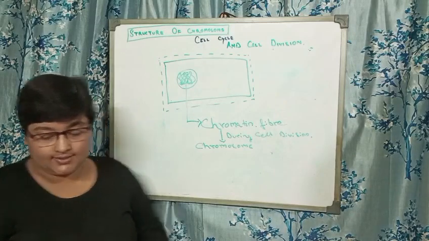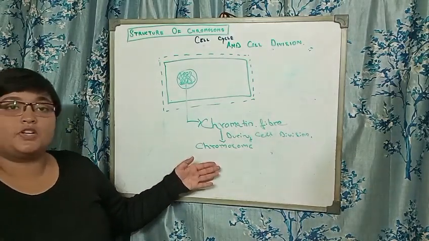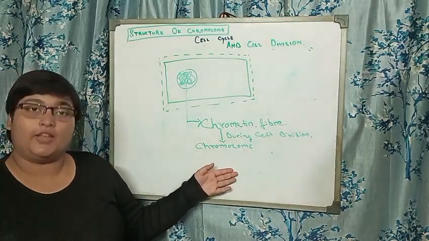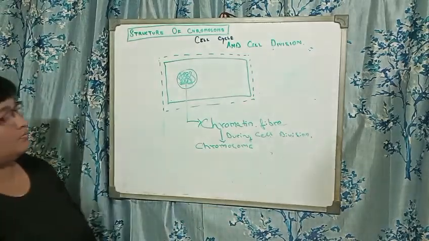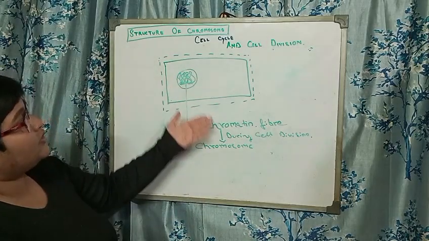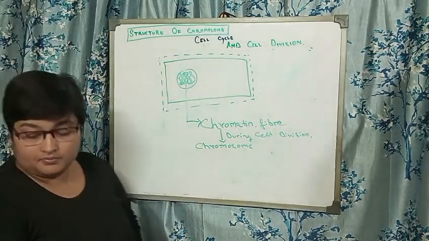So this chromosome was first discovered by Walther Flemming. Fine. So we will be now shifting our focus on chromosome.